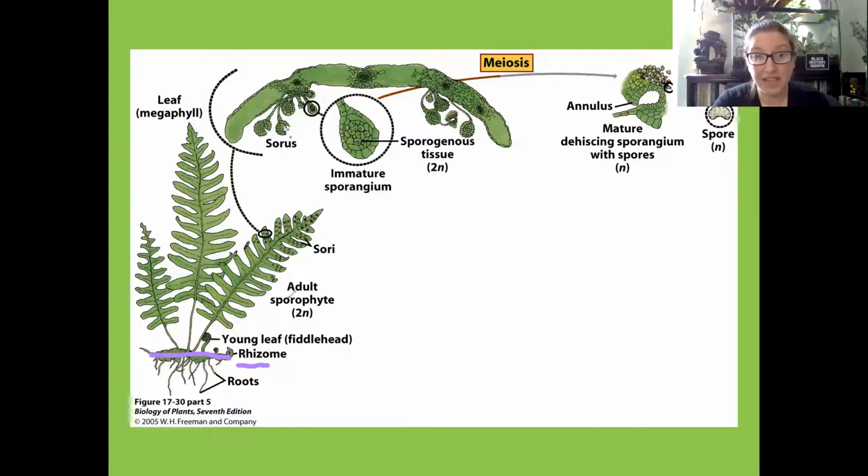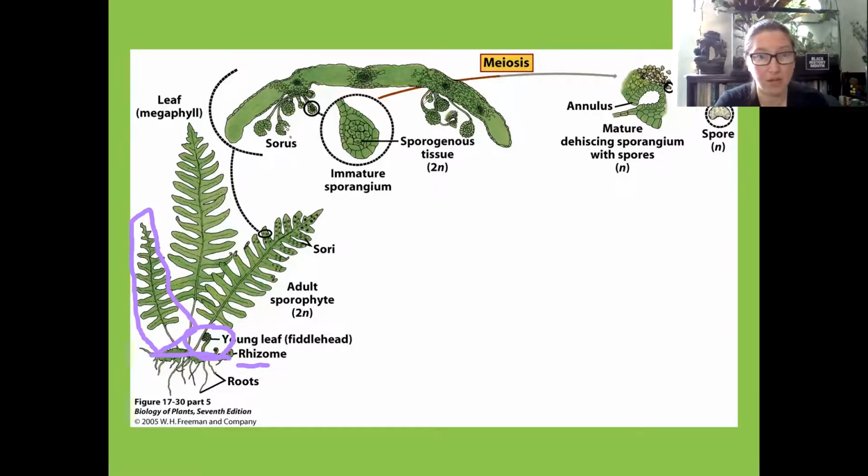When the leaves, the megaphylls, come out, they're always going to be in the shape of a fiddlehead. And in the case of this, look at this big, here's one leaf. Because there is so much stuff going on top of this one stem, we know it's a compound leaf, right?